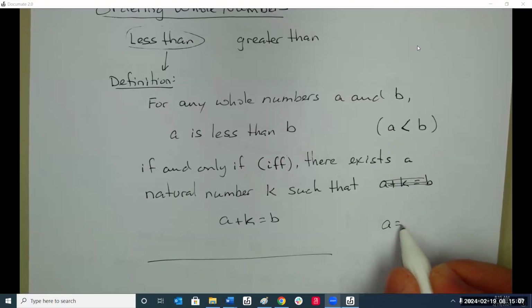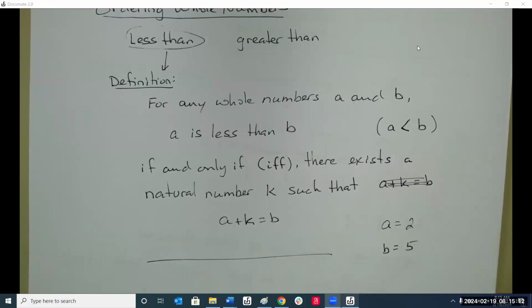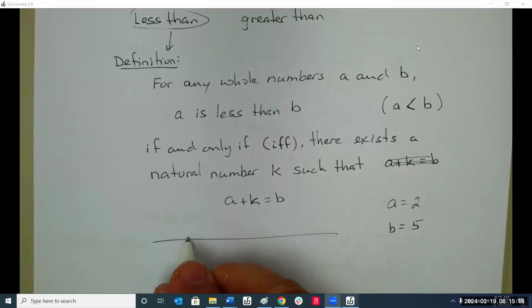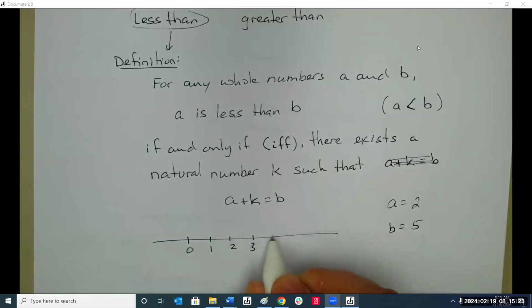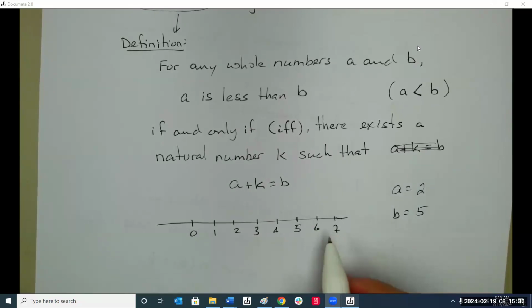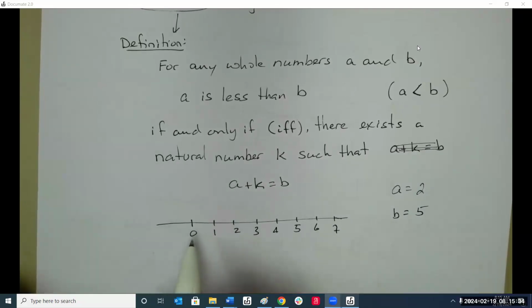Let's say A is 2 and B is 5. We make our number line. Again, these are the counting or natural numbers. To introduce whole numbers, I'd say it begins with a hole and then it digs itself out. So that's whole numbers.